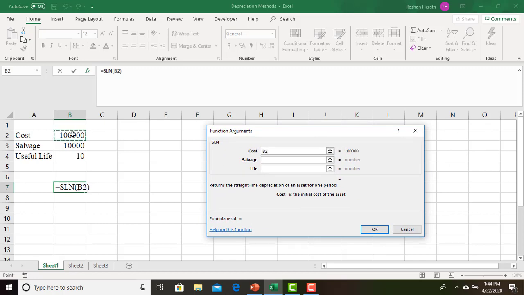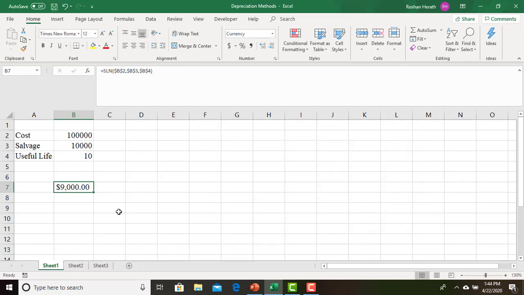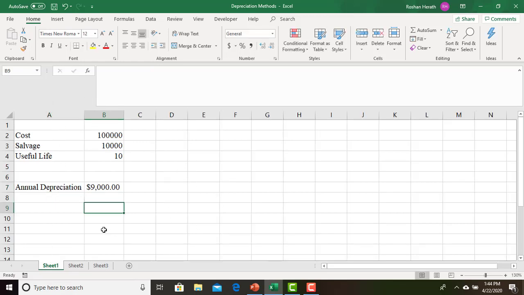So the cost, make it constant, salvage value, make it constant, and life, make it constant, and you come up with depreciation. It is 9,000. So it is annual depreciation, because you know this is not going to change throughout the period. Annual depreciation. So it comes as 9,000.